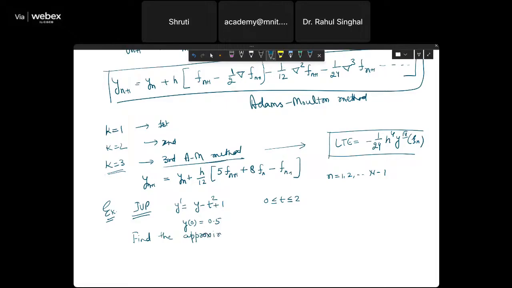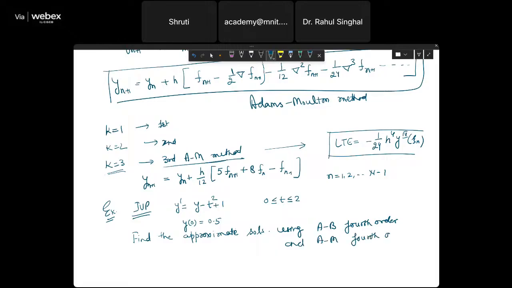Okay, so here find the approximate solutions using Adams-Bashforth, say fourth order, and similarly we are also going to use Adams-Moulton fourth order.